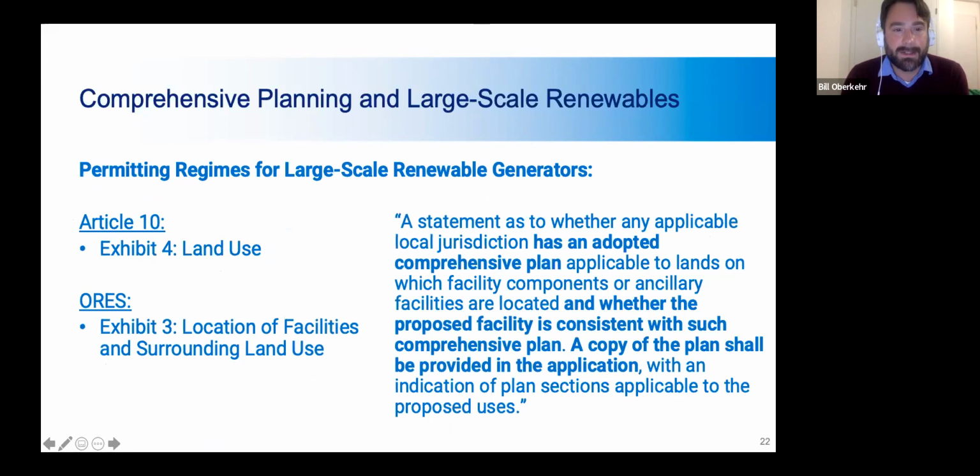Permitting for large-scale generators. So Article 10 in Exhibit 4, we have land use. Exhibit 3 in ORES, locations of facilities and surrounding land use. So this is just what's in the regs.